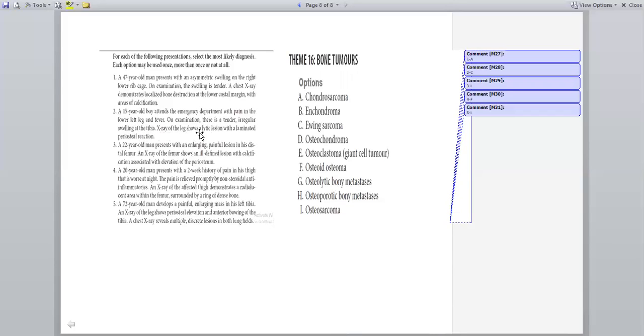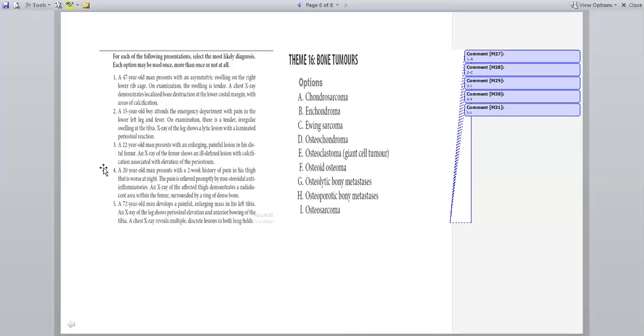In the X-ray, there is a characteristic lytic lesion with laminated periosteal reaction. So with the age, the presentation, and the X-ray finding, we can directly think about Ewing sarcoma. So this scenario 2 is for Ewing sarcoma.